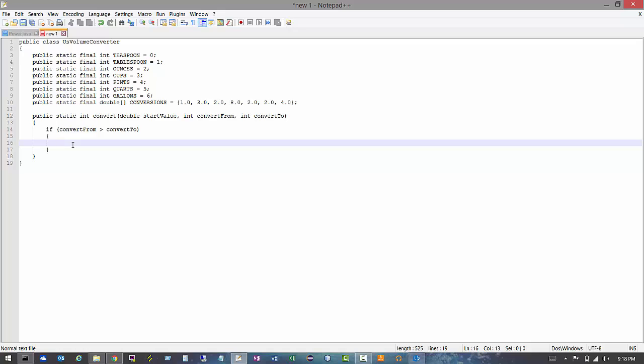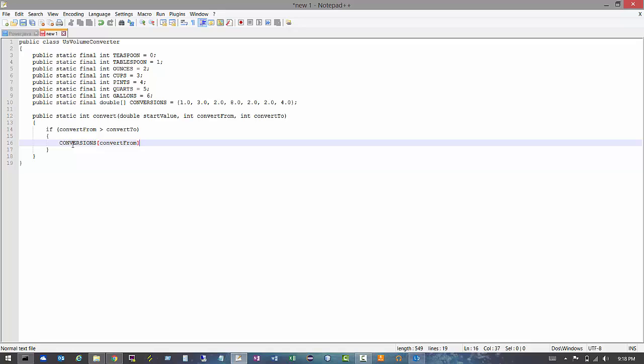So if that happens, what we do is we take our conversions array, we look at the convert from, so we're converting, let's say, like I said, from gallons to teaspoons.